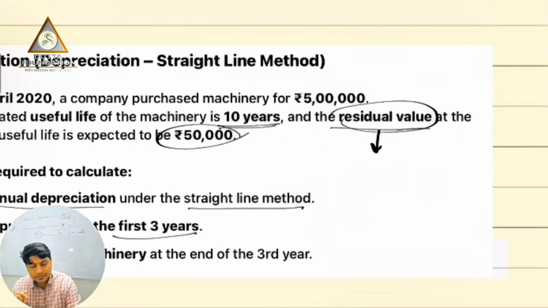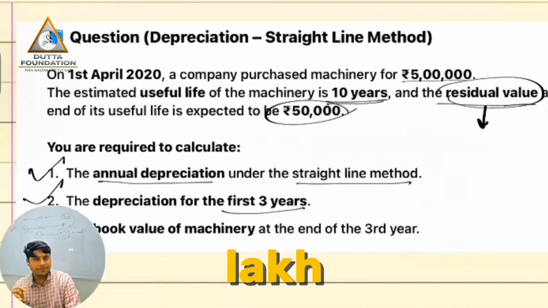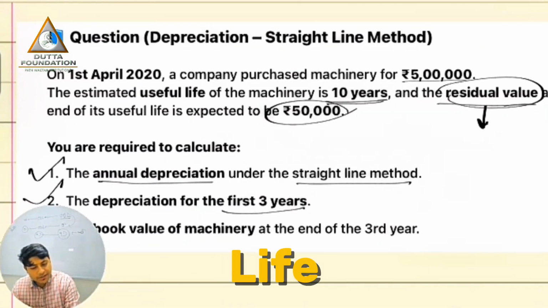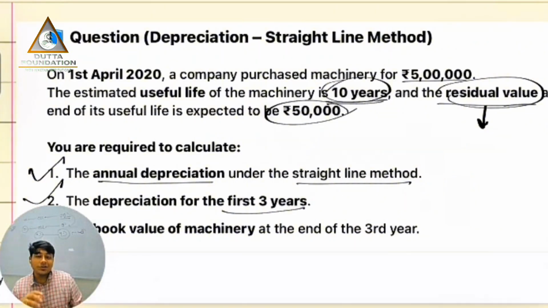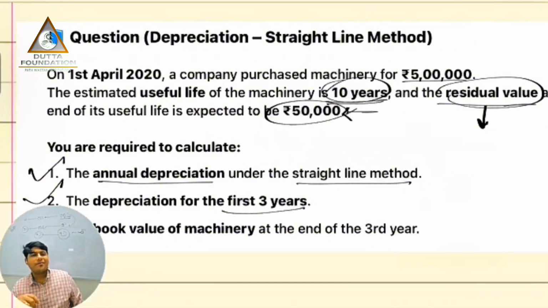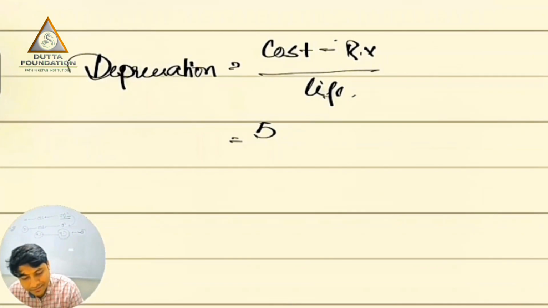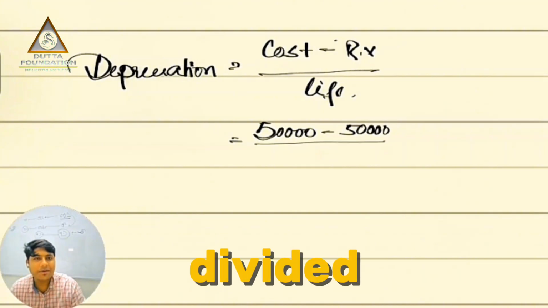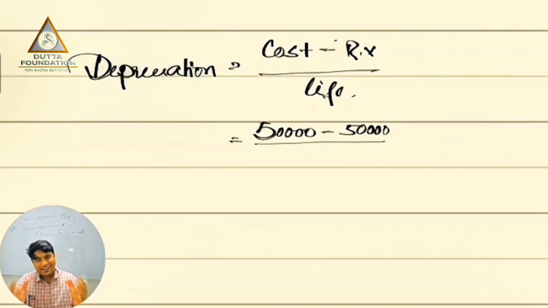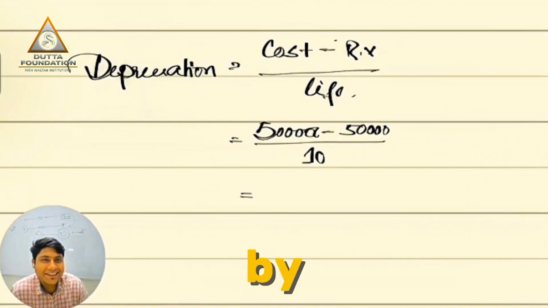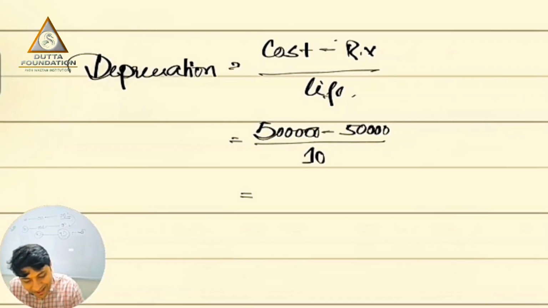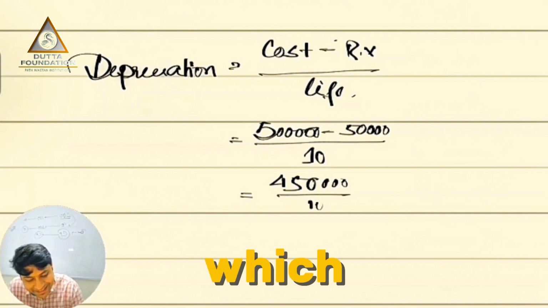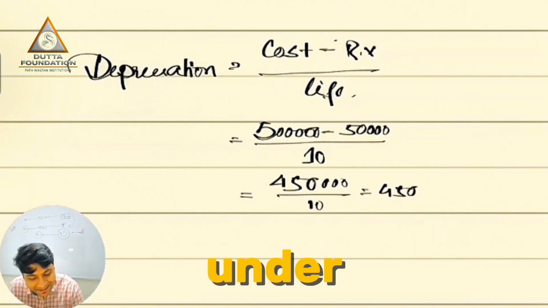Cost is given as 5 lakh, useful life is 10 years, residual value is 50,000. So 5 lakh minus 50,000, the residual value, divided by the life of the machine, 10. This comes to 4,50,000 divided by 10, which is 45,000 each year under the straight line method.